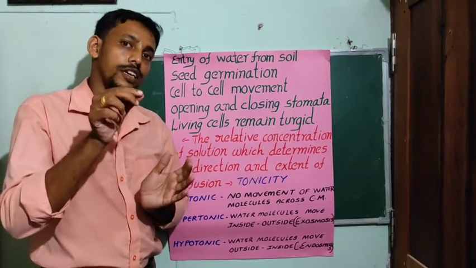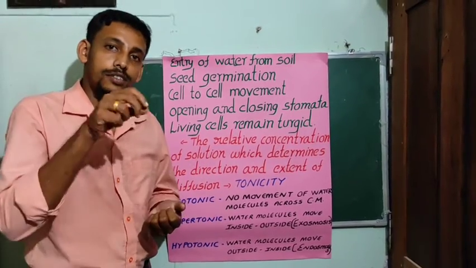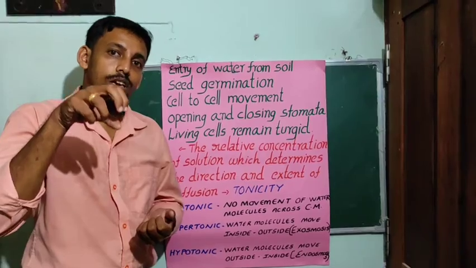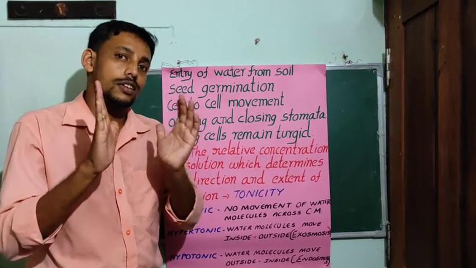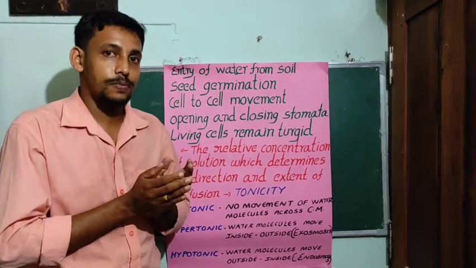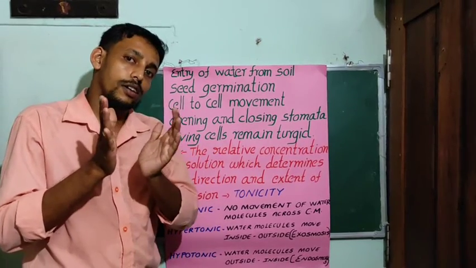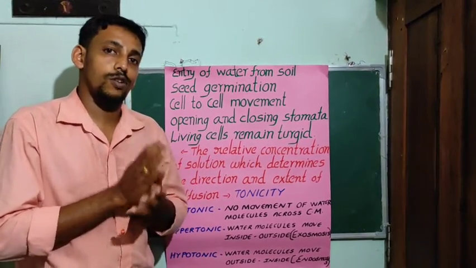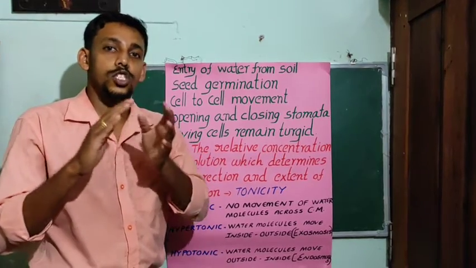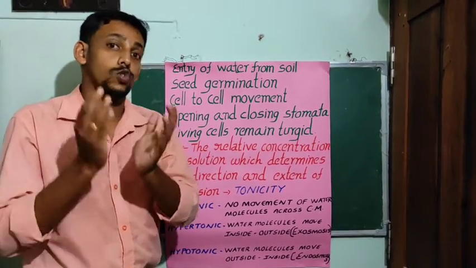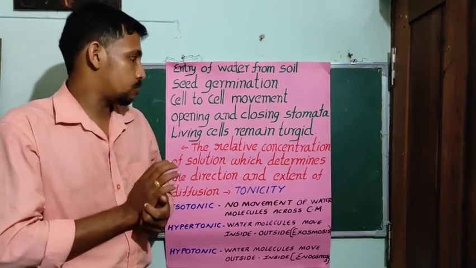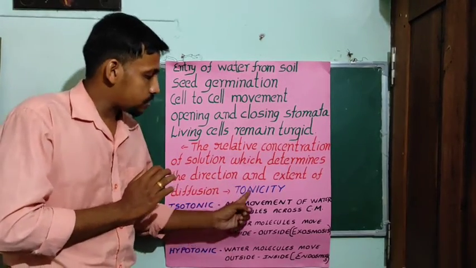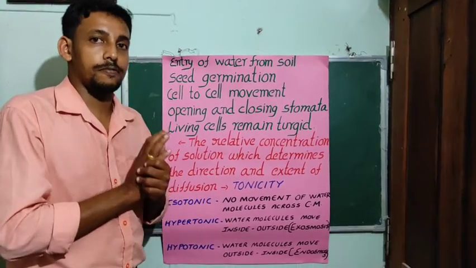So if you put a plant cell in a solution, there are three chances: either it remains unchanged, or it shrinks, or it swells. These conditions may be due to the tonicity of the solution.